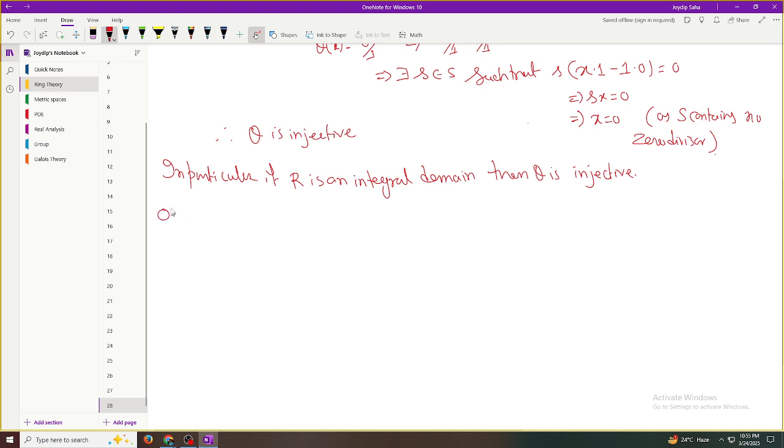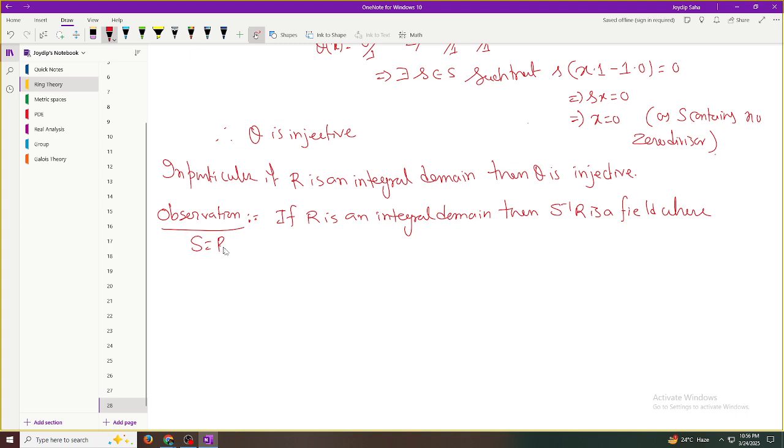Next observation, if R is an integral domain, then S inverse R is a field where S equals R minus 0.